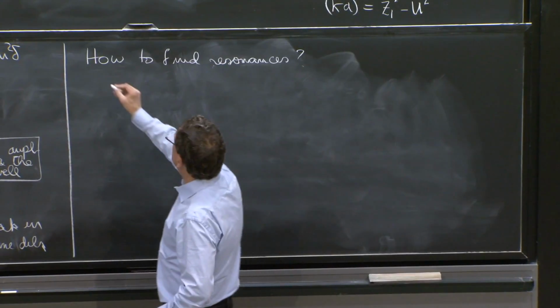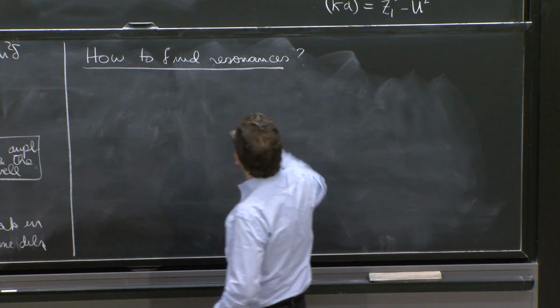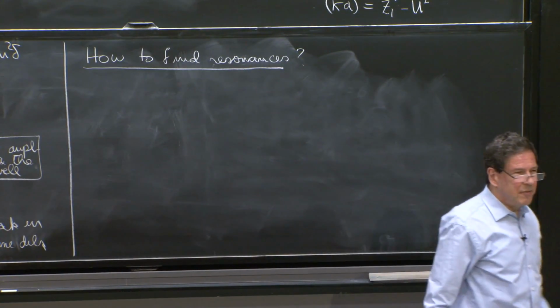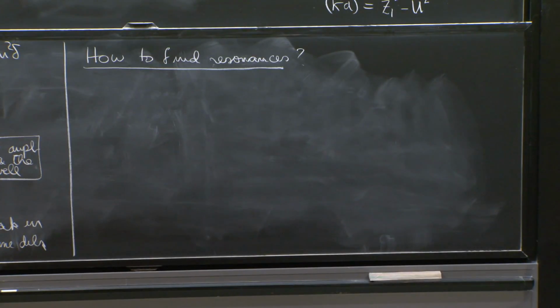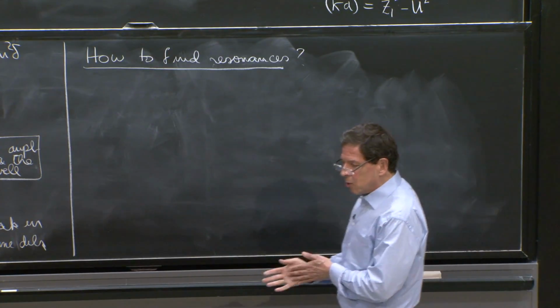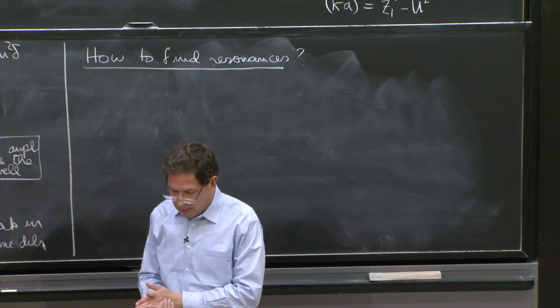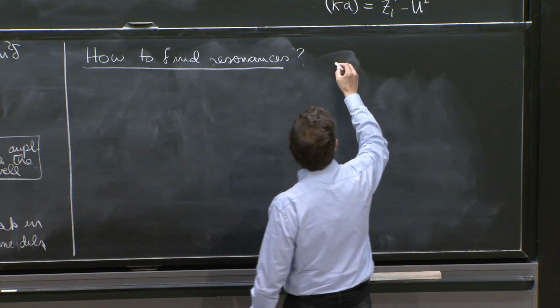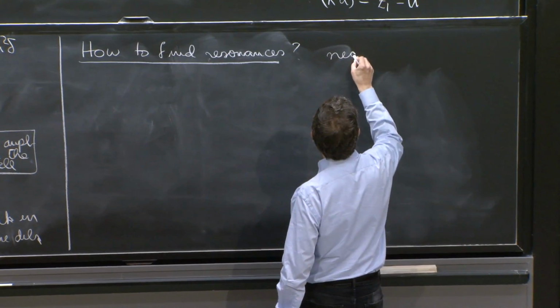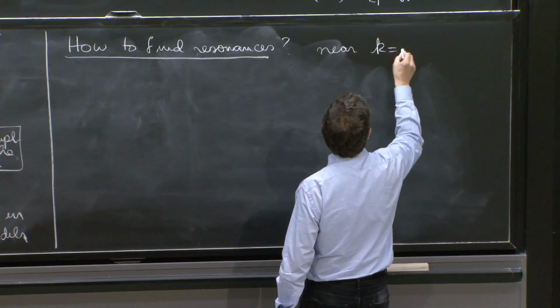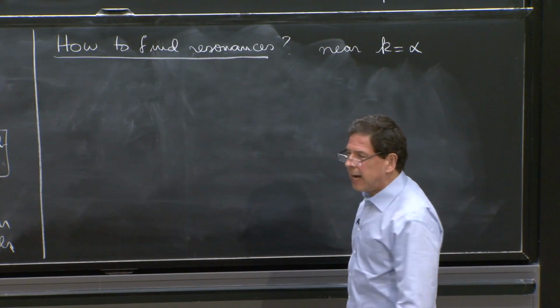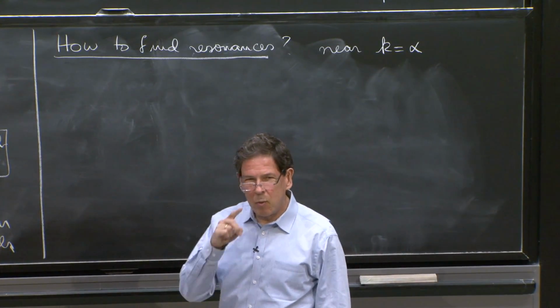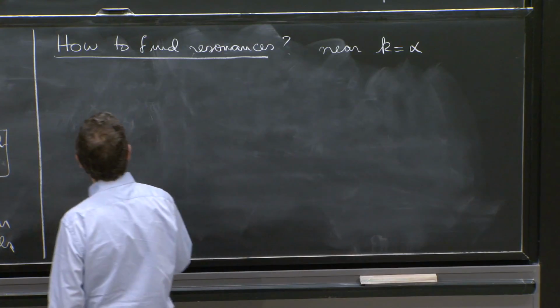By that I mean writing a formula that is simple enough that seems to capture what's happening, and that formula is going to inspire us to think of resonances perhaps a little more clearly. So suppose you have a resonance near k equal alpha. I claim the following formula would be a good way to represent a resonance.